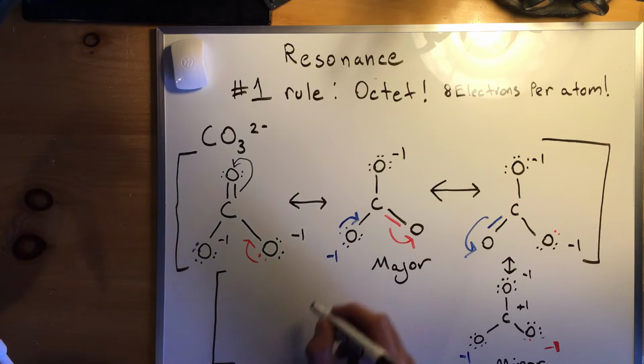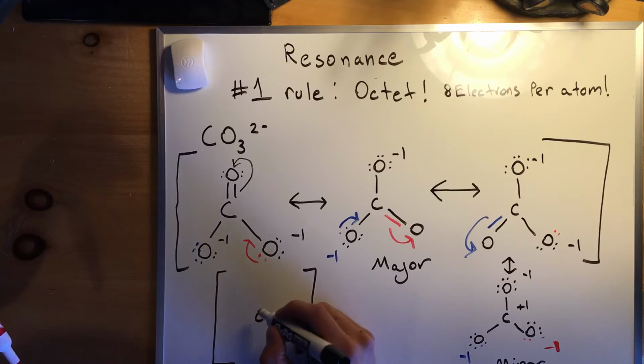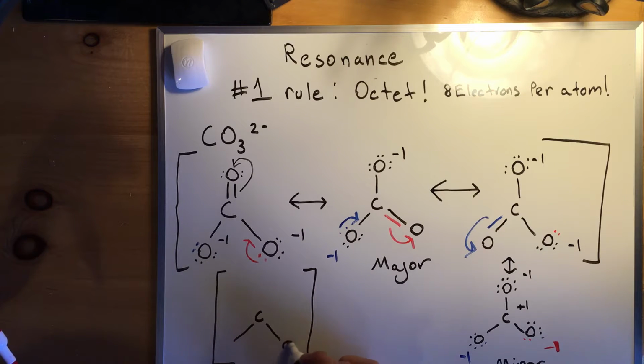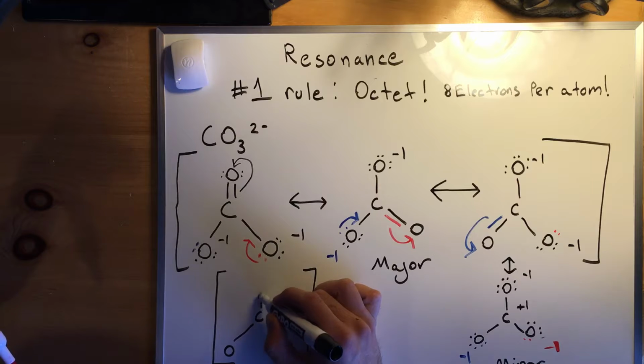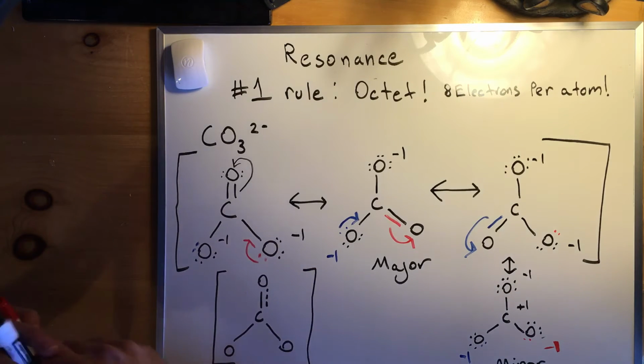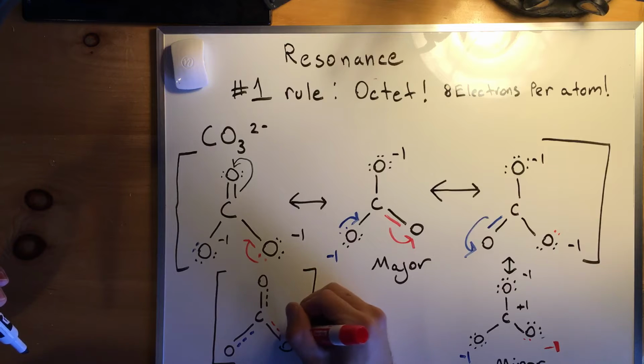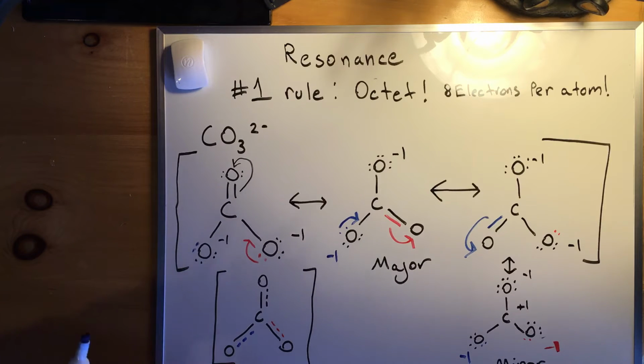Now, if we wanted to combine all of our major contributors, essentially what it would look like is this. We'd use these dotted lines to represent partial bond character. And in essence, what we're doing is equalizing all of these into one.